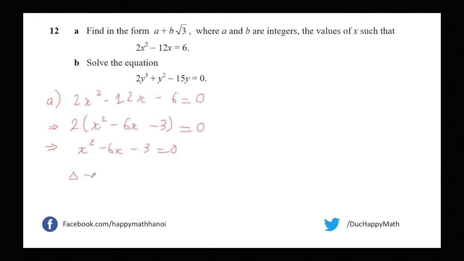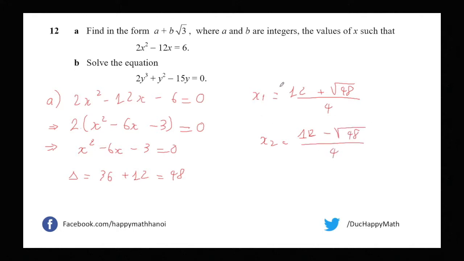And the delta you will have is 36 plus 12 equal to 48. Yes, 48. And h1 equals 12 plus the square root of 48, divided by 4. And h2 will be 12 minus the square root of 48, divided by 4.